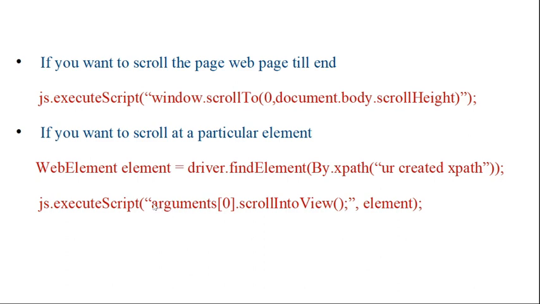Here it will scroll the page till the view where the element is located. So here you need to pass the element reference as a parameter, and one parameter will be the argument of the JavaScript executor which scrolls the web page to that element.